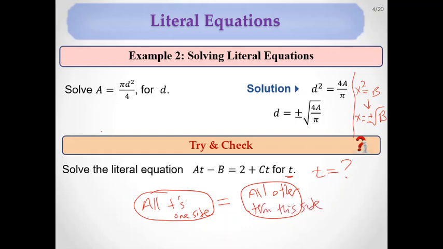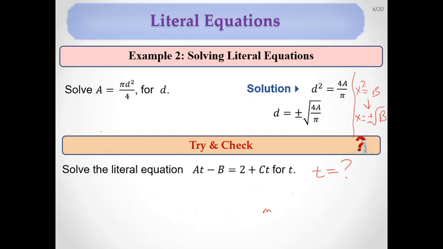How can we do it? We basically send terms over: I want all t's here and all other terms there. So send this one here as minus, and send this one as plus.